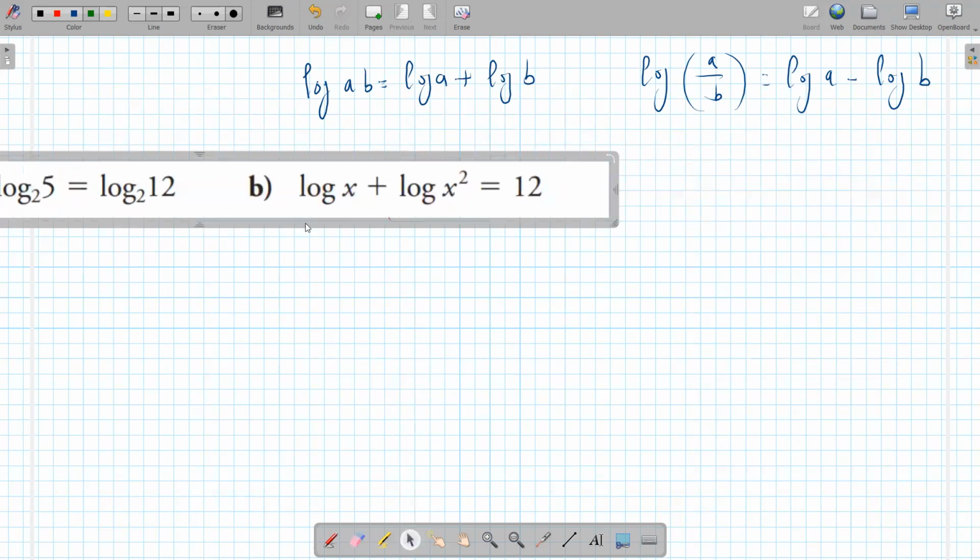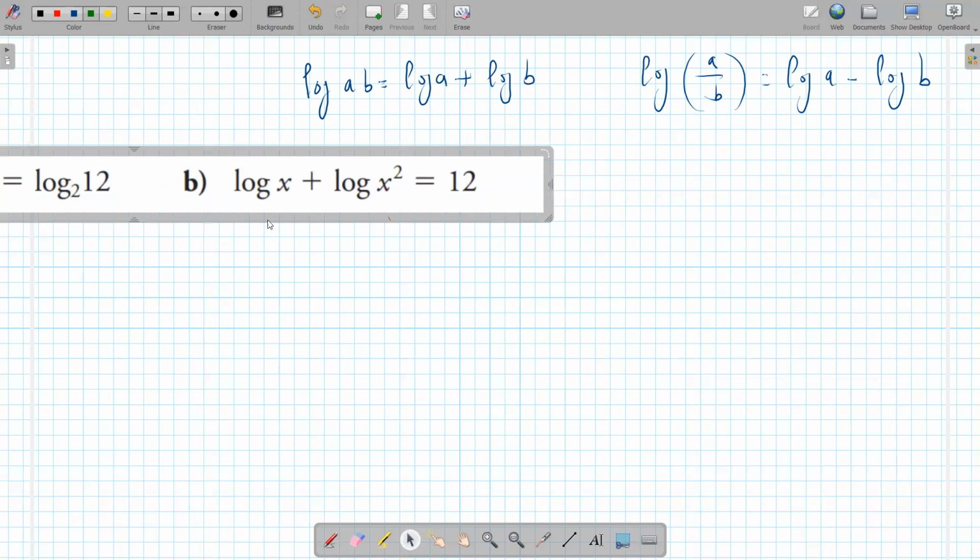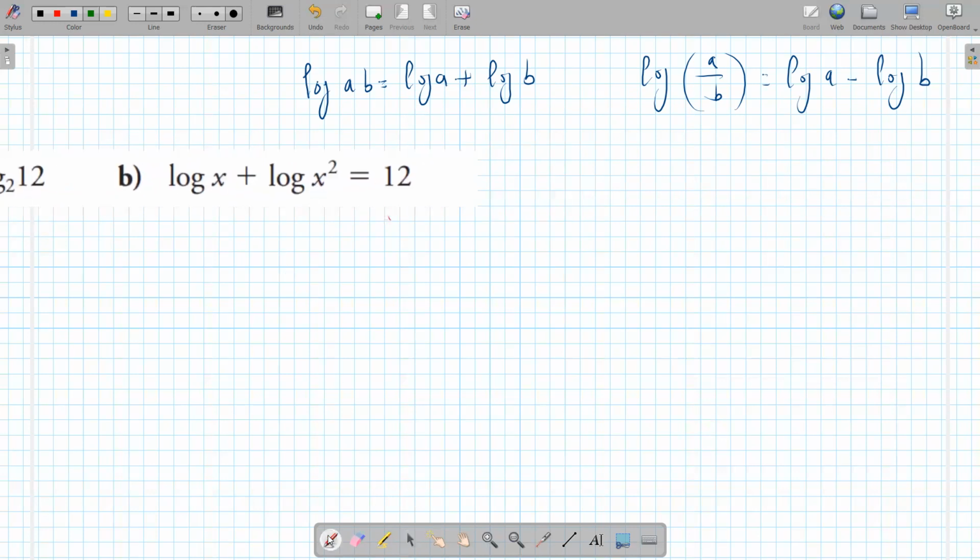What about B? What do we do for B? You add them. So what does it become? Or you multiply them. If you multiply them, what does it become?